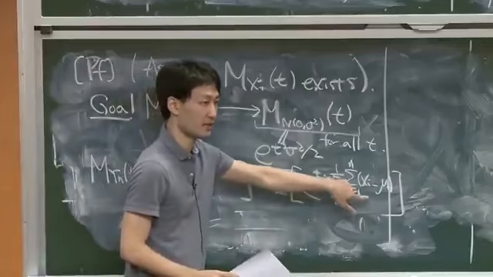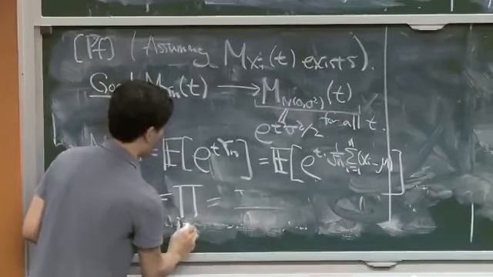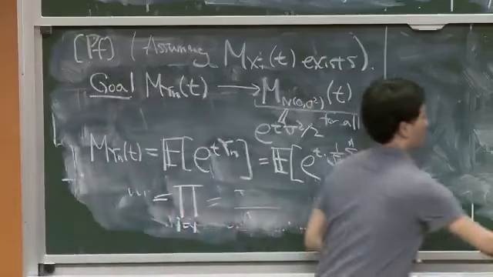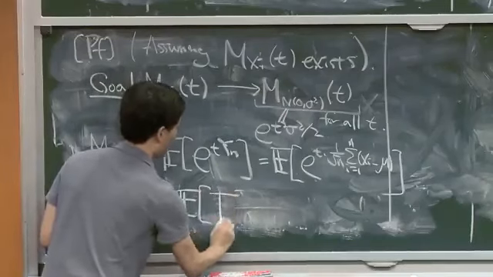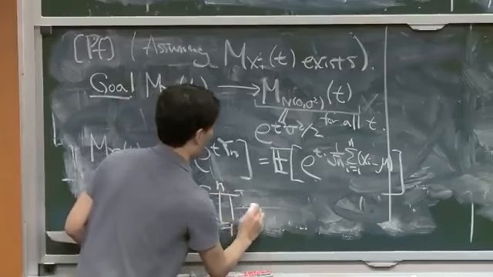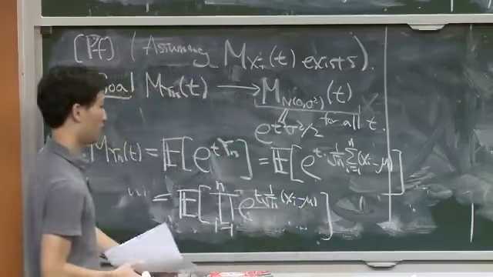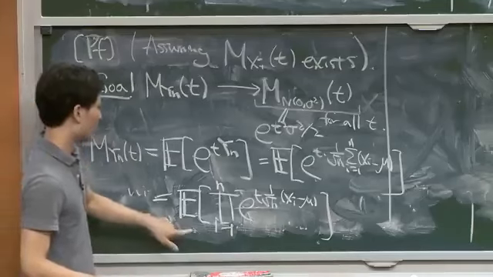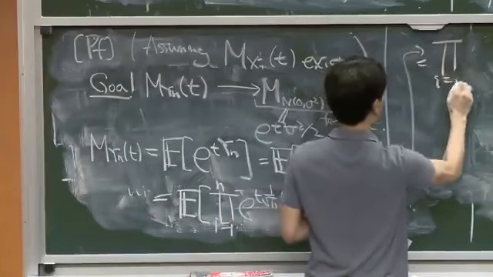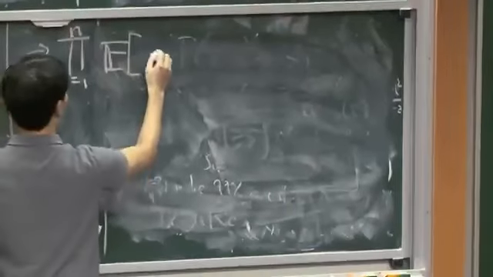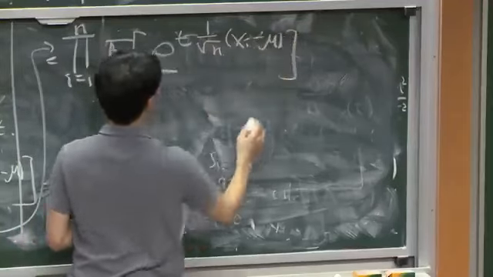And then because they're independent, this expectation of the product can be written as the product from 1 to n of the expectations.